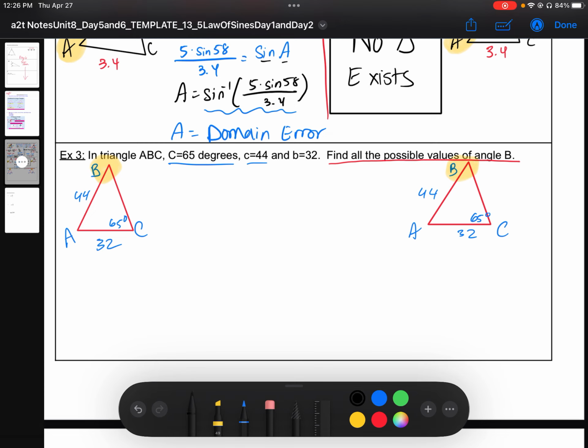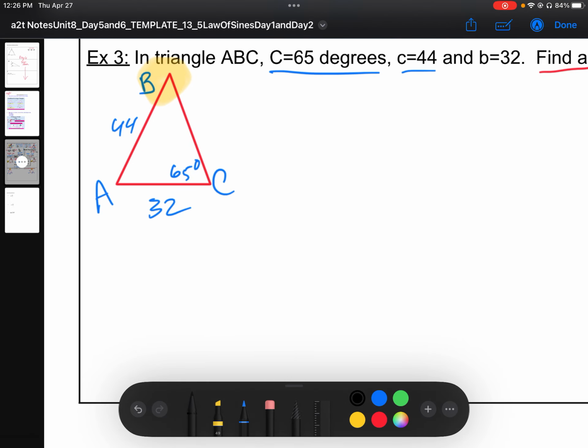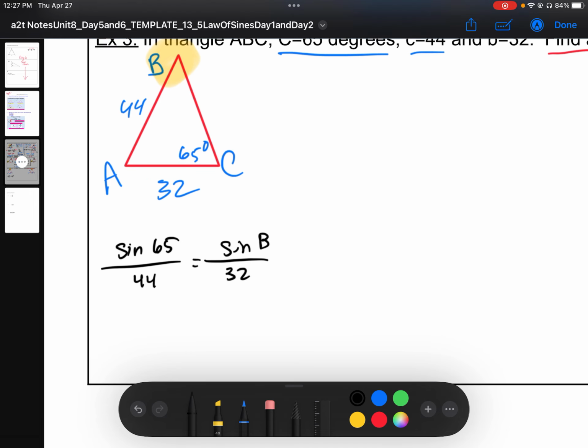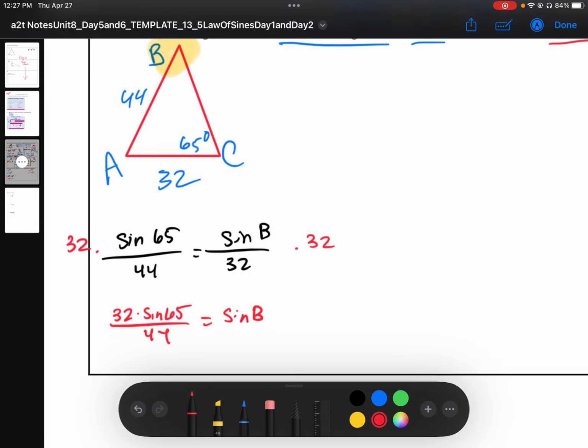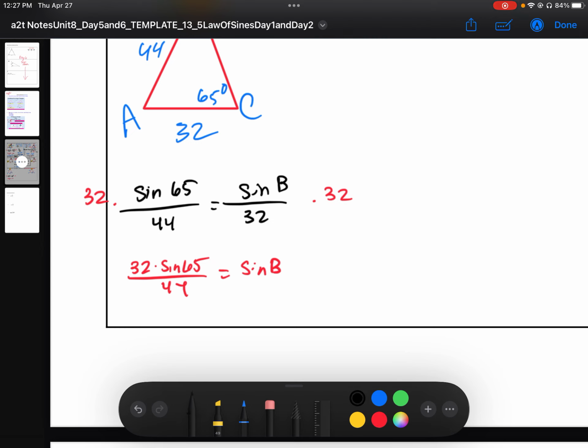Okay, now hopefully you've tried to set it up. Starting with my first triangle, I've got sine of 65 over side C, 44, equals sine of B over 32. Multiply both sides by 32 to get this out of the denominator. So 32 times sine 65 over 44 equals sine of angle B. Solving for angle B, use inverses.